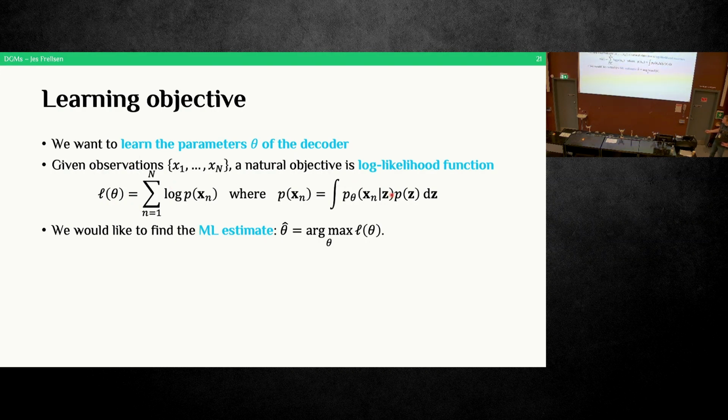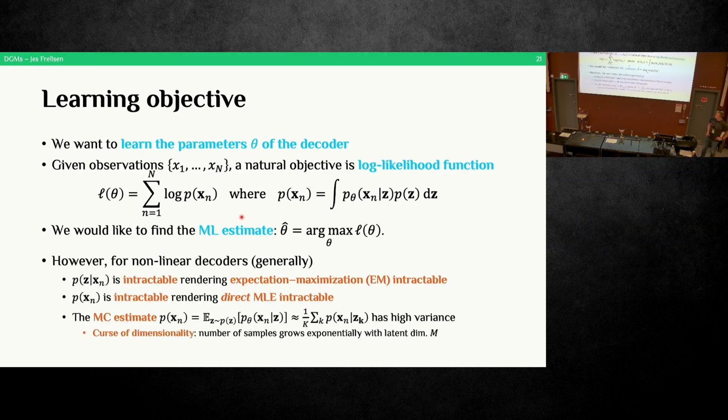In this case, we have this latent variable in the model, which means that if I want to calculate log p of x, I need to integrate over z. And this theta here is the parameters of our decoder. So we want to find the settings of our decoder that optimize the log probability of our data.